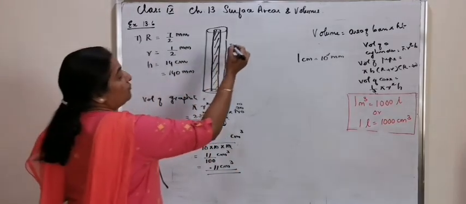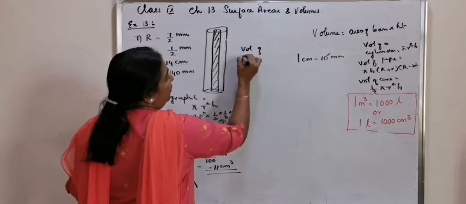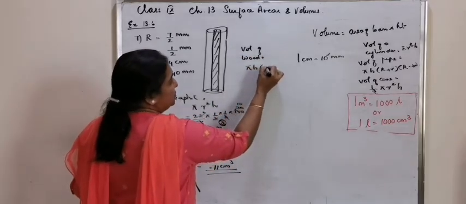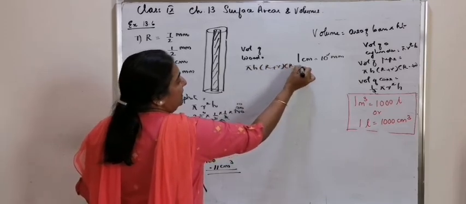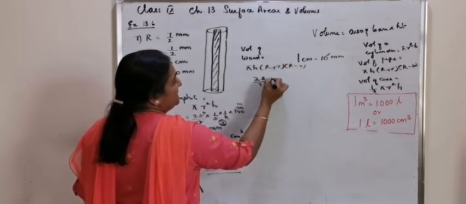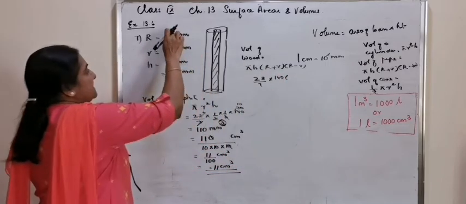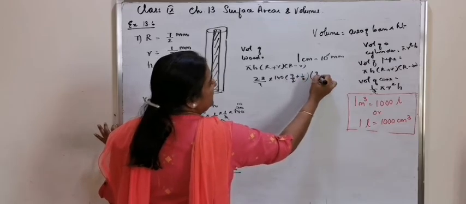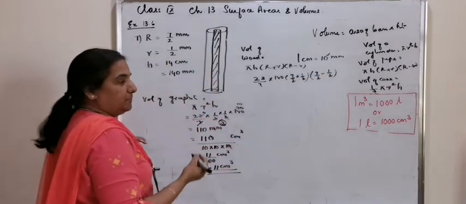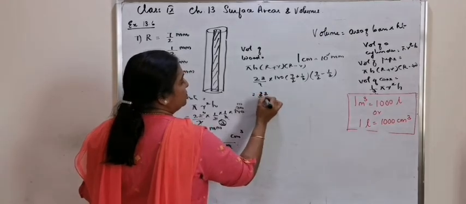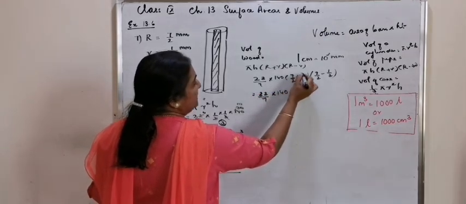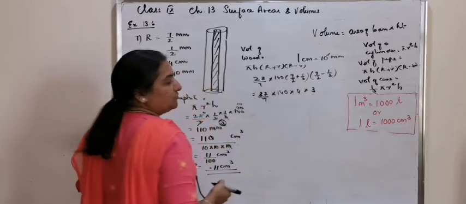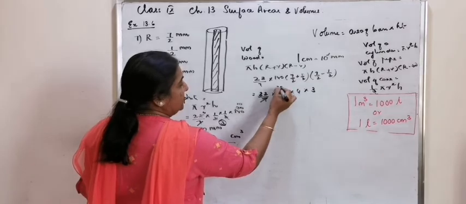Now the volume of wood. Volume of wood is, it's a pipe formula, that is pi h into R plus r into R minus r, 22 by 7 into 140 into 7 by 2 plus 1 by 2 into 7 by 2 minus 1 by 2, which is the same as 22 by 7, 140, 7 plus 1, 8 by 2 is 4, 7 minus 1, 6 by 2 is 3, or this is 20.